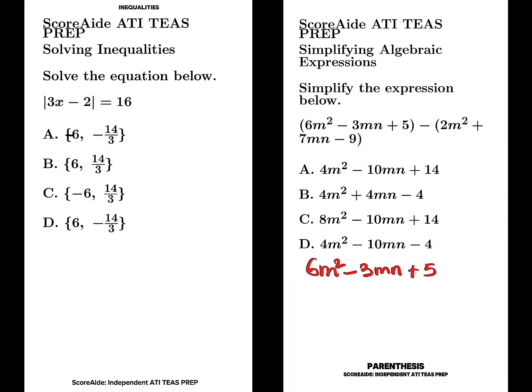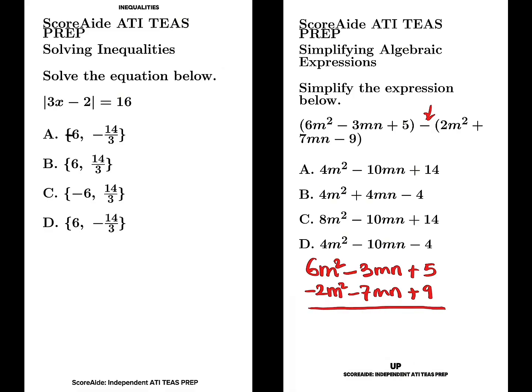This is the first parenthesis. And the second parenthesis, you notice that there is a negative outside that bracket. So all the signs of each of the terms in that bracket will have to change. So instead of 2m squared, we are going to have negative 2m squared. Instead of plus 7mn, we are going to have negative 7mn. Instead of negative 9, we are going to have plus 9. So when the negative sign gets into that bracket, all the signs change.